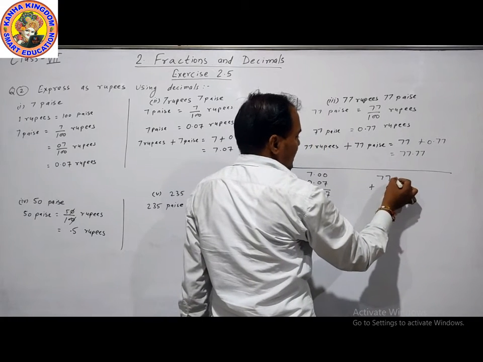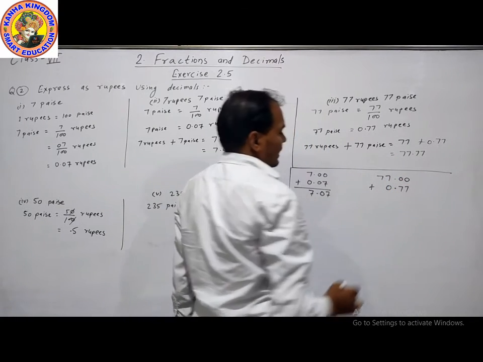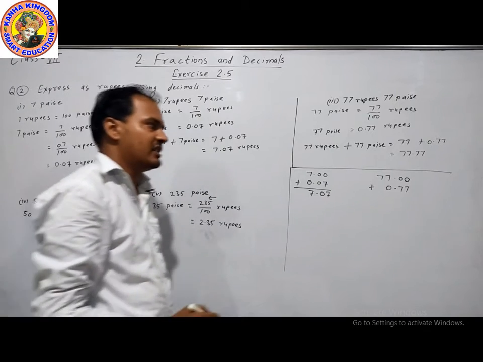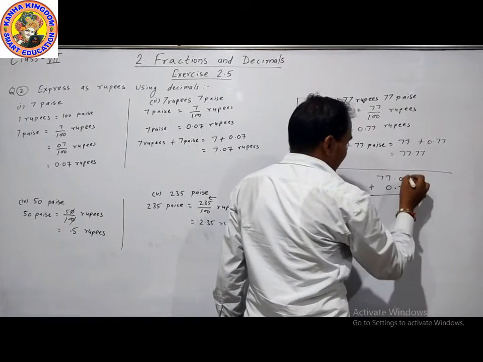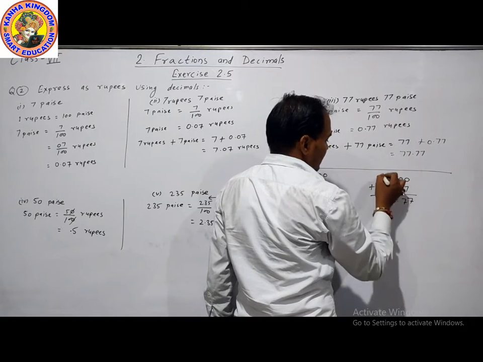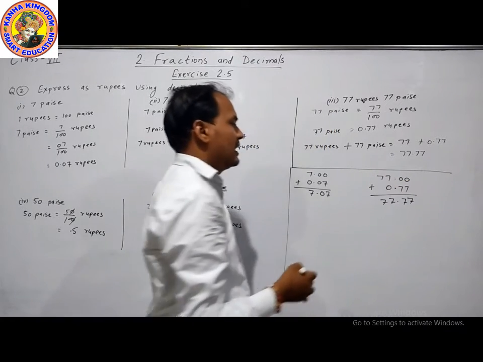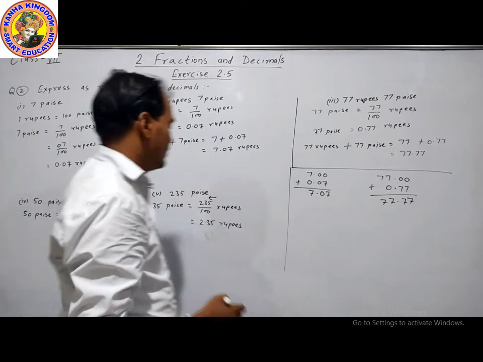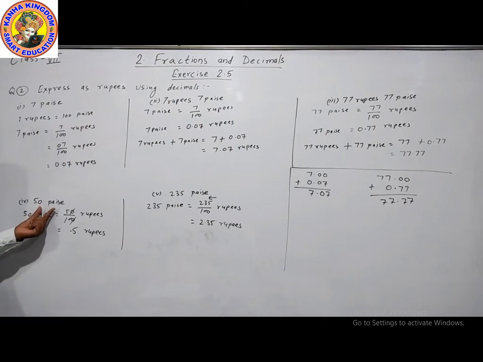The decimal points are absent, so we will add the decimal point with 00, 77.00. Now addition: 7, 7, 7 and 7. The answer is 77.77.